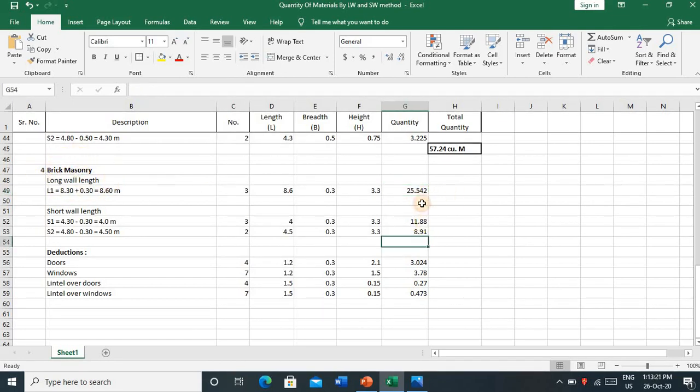So from this quantity you need to deduct this quantity. For your reference you can write the symbol minus before the value, so you will remember. You need to do the same at every value.